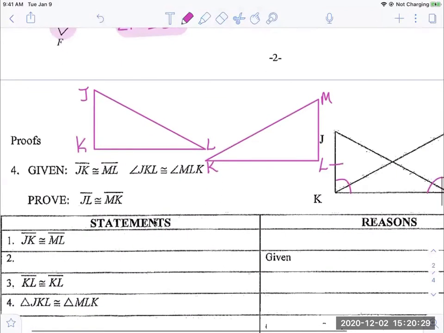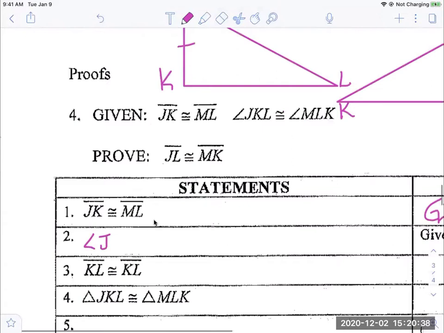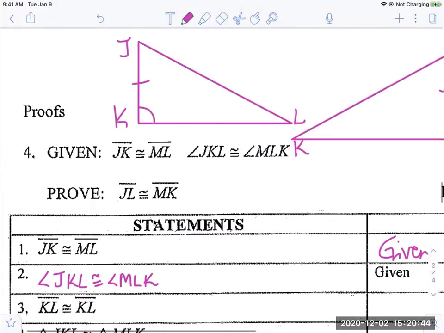Okay, so we're given JK is congruent to ML. Got it, given. The other given is that angle JKL is congruent to angle MLK. JKL, MLK.